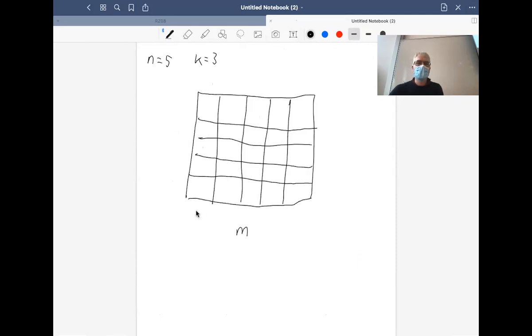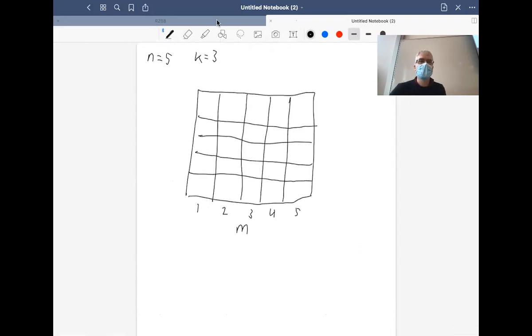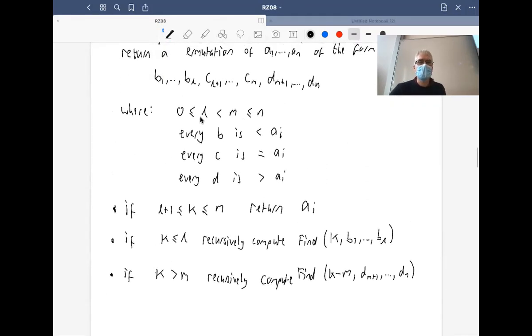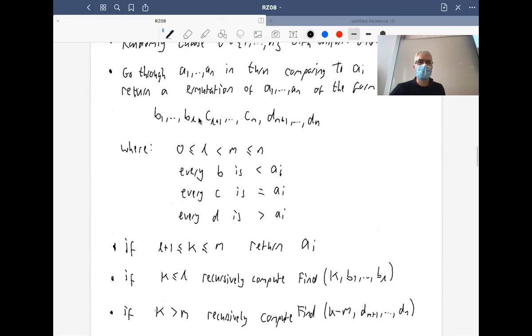And the point is 1, 2, 3, 4, 5. So if AI is the smallest element of the list, then M will be 1. If we randomly pick the smallest element of the list, then when we partition into B's, C's, and D's, we don't have any B's, we just have AI here, and then we've got 4 elements above it.